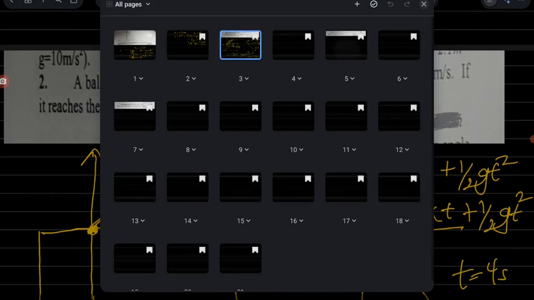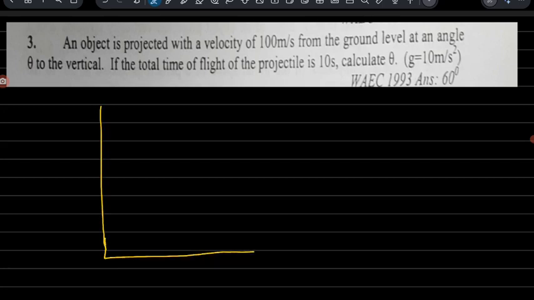That is question 3. An object is projected with a velocity of 100 meters per second from the ground. Let's try to draw it and see how it looks. It's projected like this.